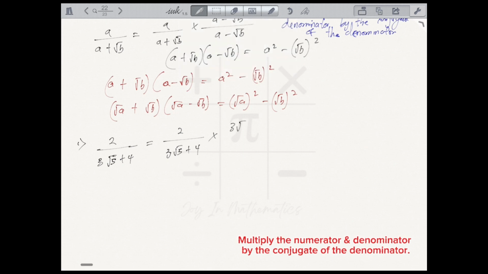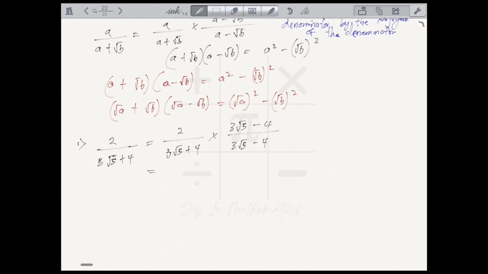The conjugate will be 3 root 5 minus 4. Remember, we are changing the arithmetic sign between the two terms. So we multiply the numerator out, which gives us 2 times 3 root 5 minus 4, and we also multiply the denominator out: 3 root 5 plus 4 multiplied by 3 root 5 minus 4.